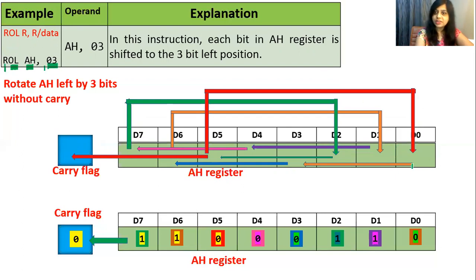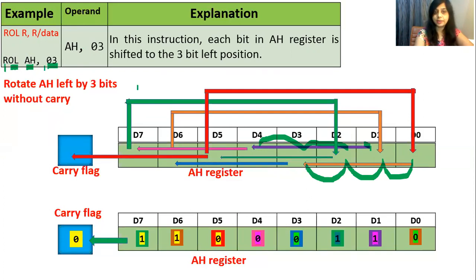That means whichever bit is at D0 position, after rotating it 3 times, it will come over here: 1, 2 and 3. 3 bit position means rotation 3 times. If some bit is here, as shown by the purple color arrow, that bit will enter at D4 position, in the first rotation here, second rotation here, and in third rotation here.